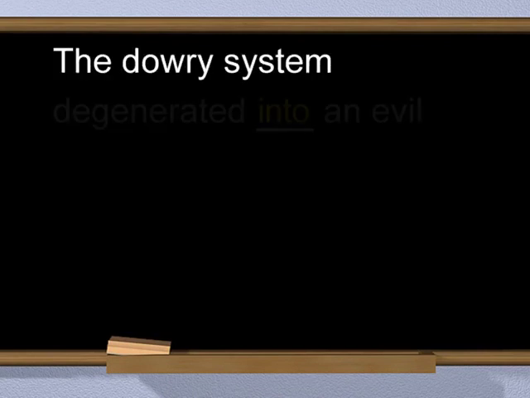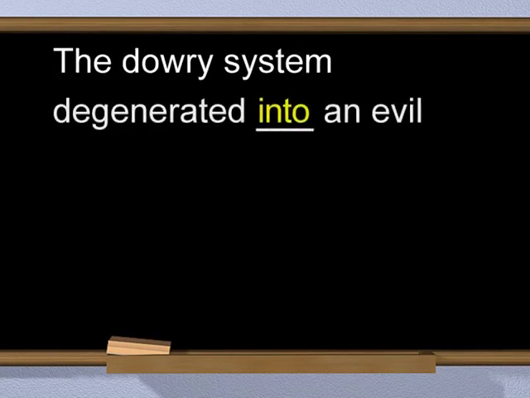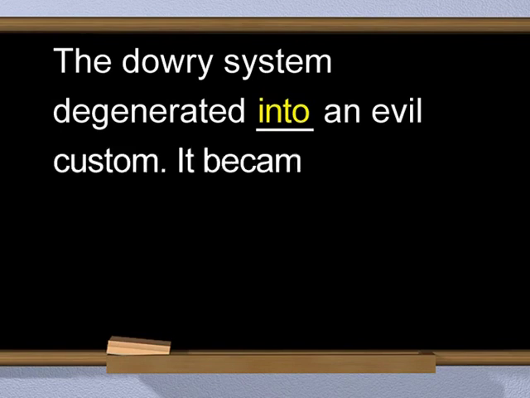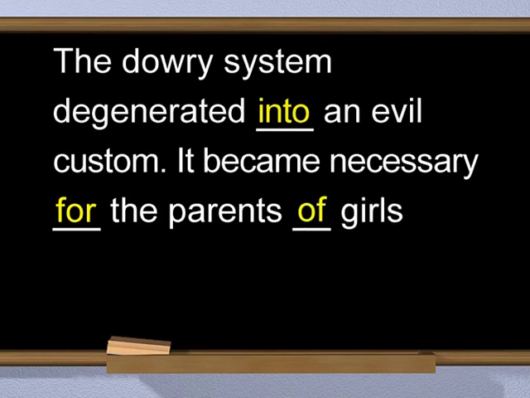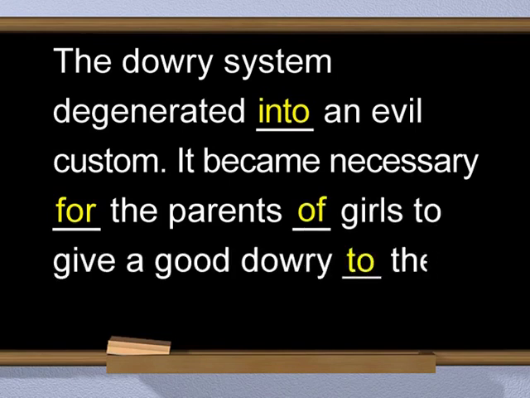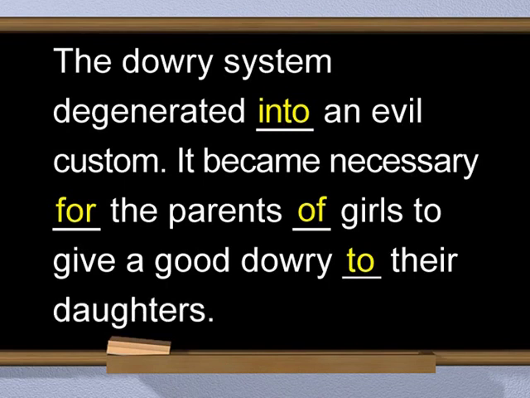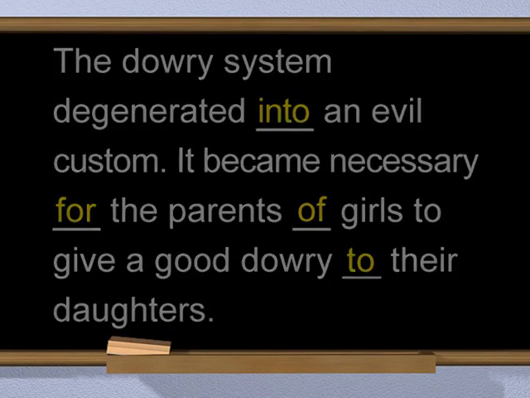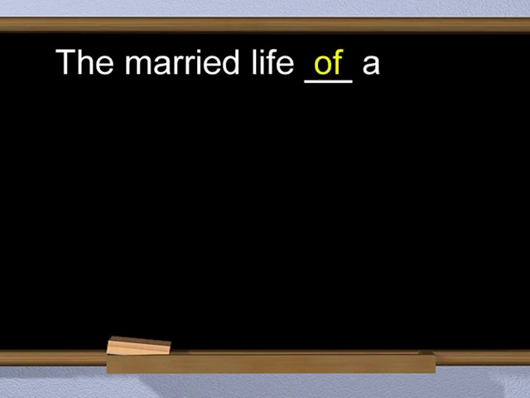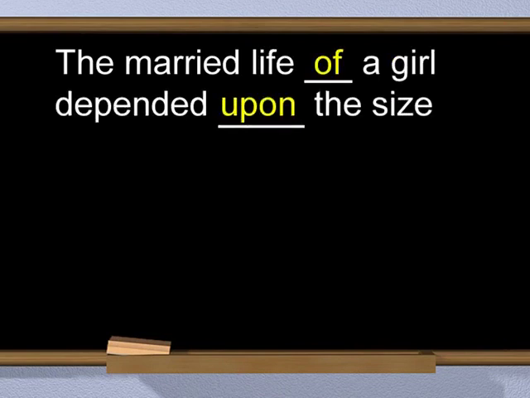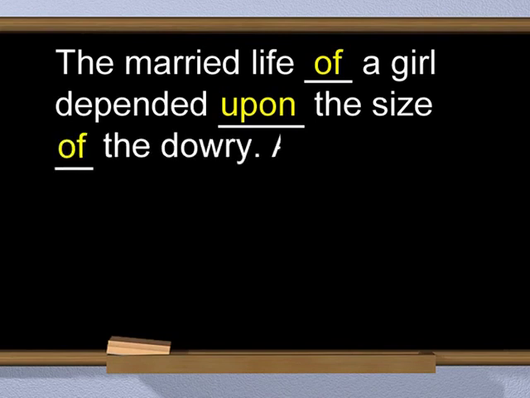Answers. The dowry system degenerated into an evil custom. It became necessary for the parents of girls to give a good dowry to their daughters. The married life of a girl depended upon the size of the dowry.